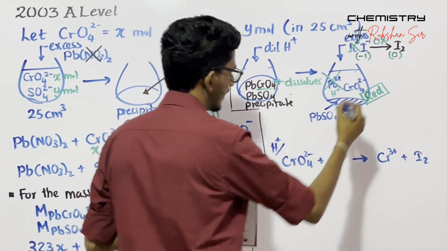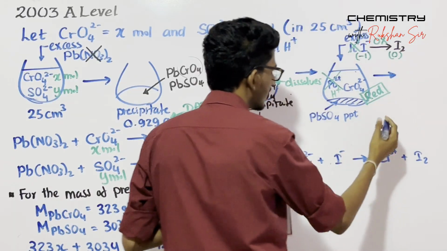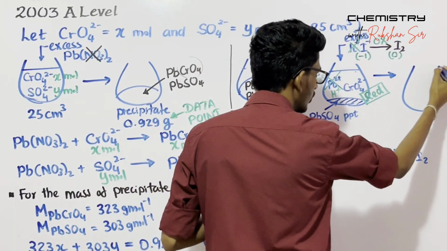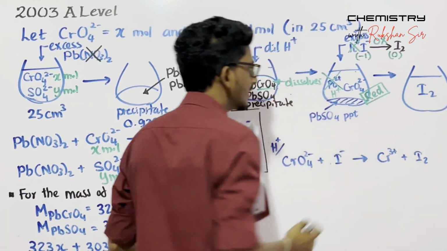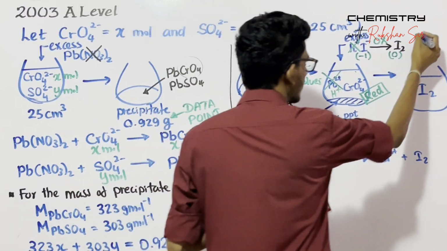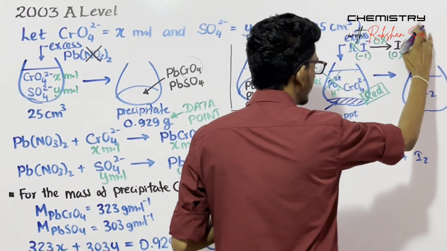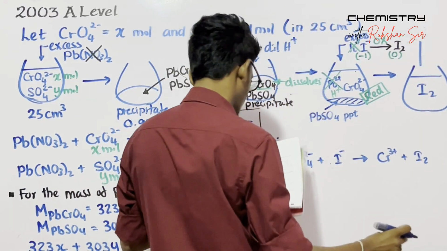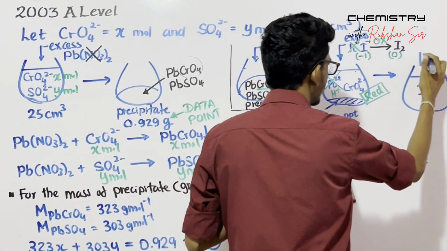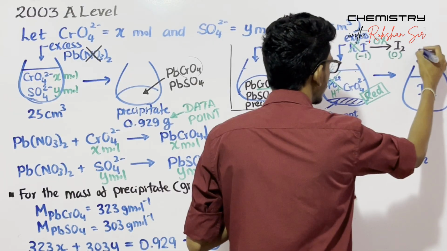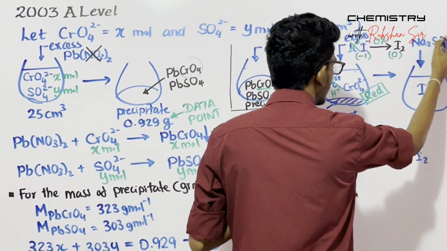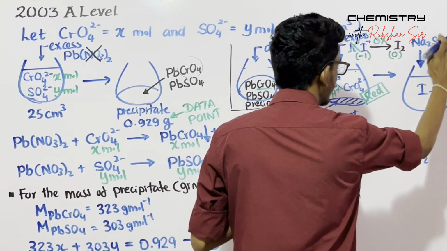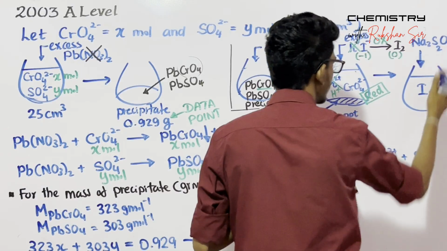Okay, after that, what are they saying? They are saying the so produced I2 is then reacted with sodium thiosulfate, Na2S2O3.